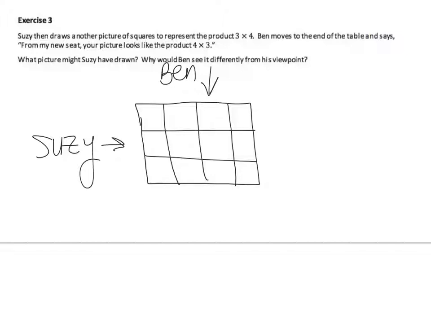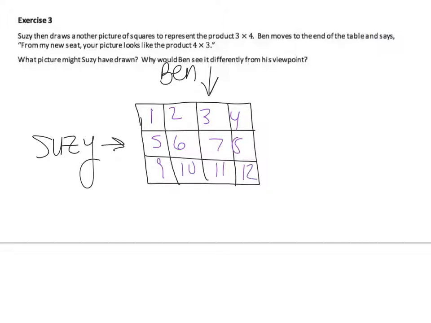My squares are arranged in a grid just like we learned with area. Susie made 3 rows of 4. Ben has 4 rows of 3. Do I still have 1, 2, 3, 4, 5, 6, 7, 8, 9, 10, 11, 12 squares?